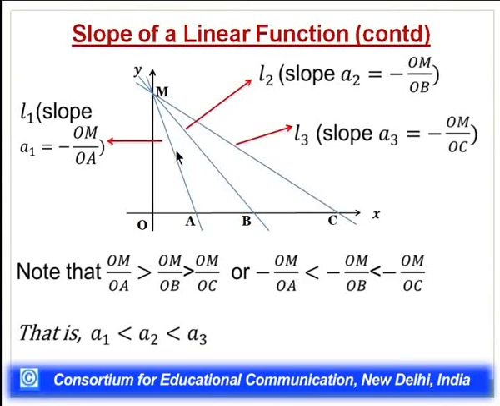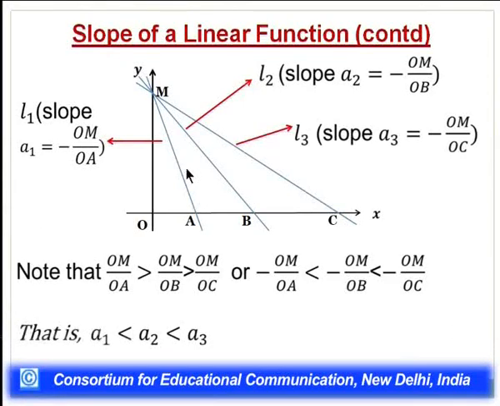Now if I ask you which line is the steepest, intuitively you would say L1 is the steepest, because suppose you were rolling down any of these three lines, let's think of these as hills or something, and clearly you would roll down the fastest on line L1. So intuitively you would say L1 is the steepest, but there is a catch to the story here.